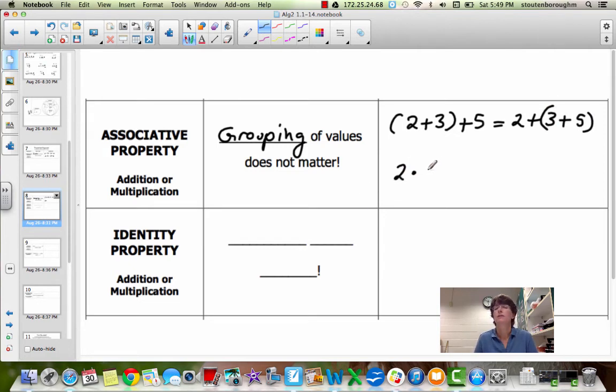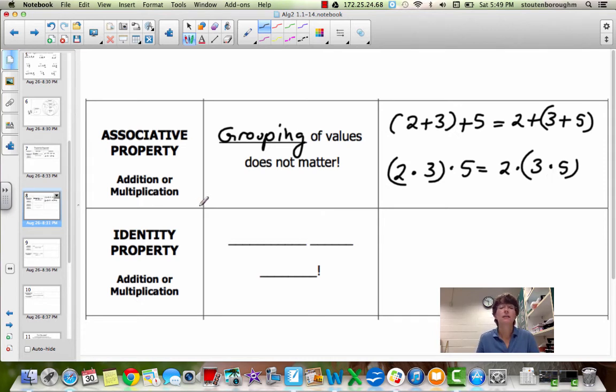The same thing as if I decided to multiply those. Doesn't matter the order. And again, this only applies to multiplication or division. I'm sorry, multiplication or addition. Does not apply to subtraction or division.